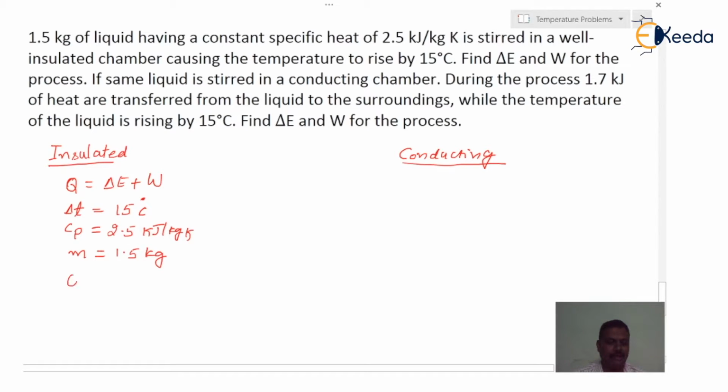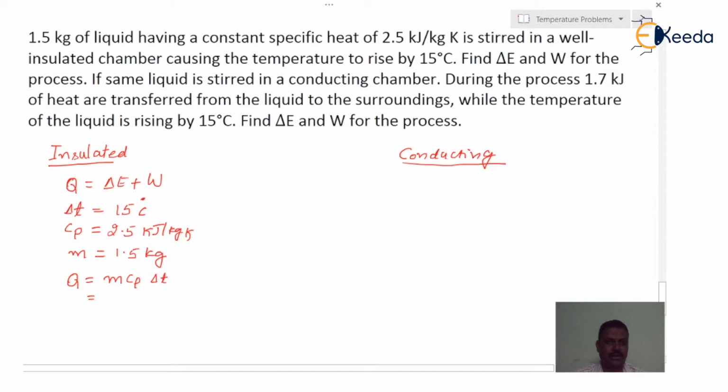We have the formula to find the heat equivalent of work, that is Q equal to M into Cp into delta T. Here T2 minus T1 is directly given, 15 degrees Celsius.